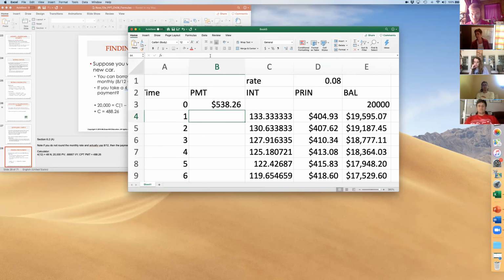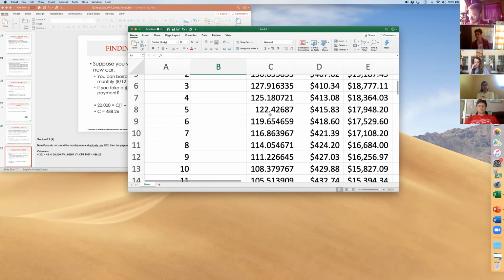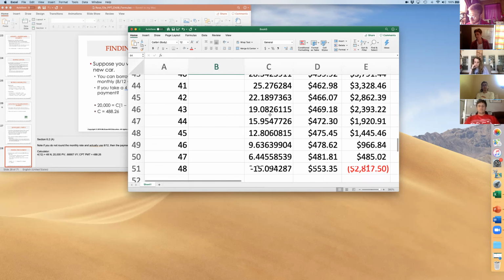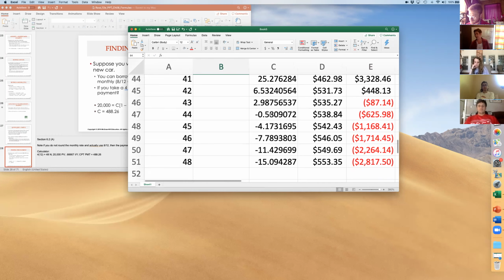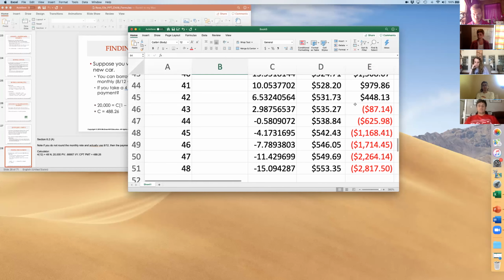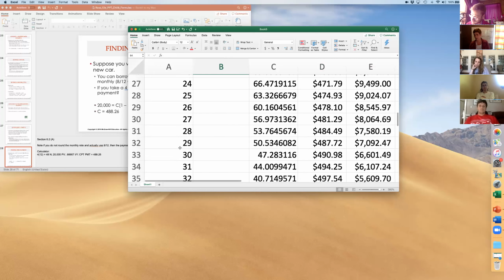And every one of your cells will change when you cell reference it properly. And you can come down here to the bottom and you can see that that extra $50 every single month is going to take off, it looks like 1, 2, 3, 4, 5, 6 payments for you. So it's going to basically reduce your car loan's duration by six months, right?